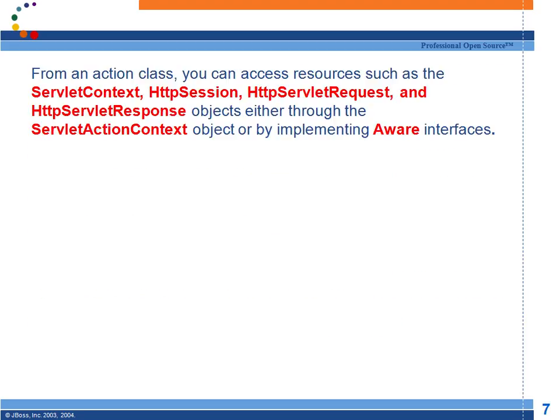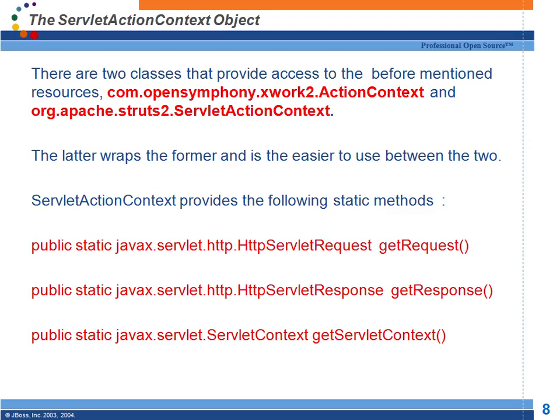As I have told, from an action class you can access resources such as servlet context, HTTP session, request, and servlet response objects by implementing aware interfaces like ServletRequestAware, SessionAware, and so on. Or there is another alternative.